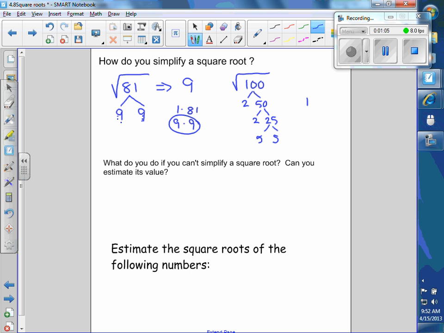Or you could look at factor pairs, 1 and 100, and go through all your factor pairs, but eventually you would find 10 times 10, right? The goal is to figure out, is there a number times itself that equals what's inside? And if there is, then the square root simplifies completely.